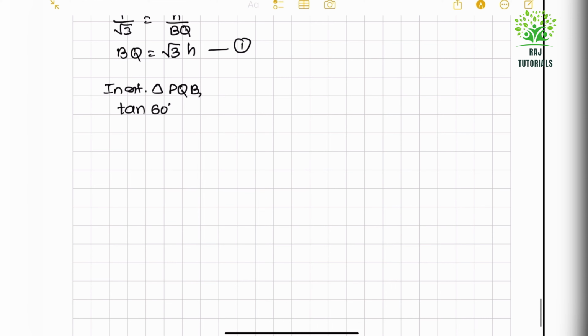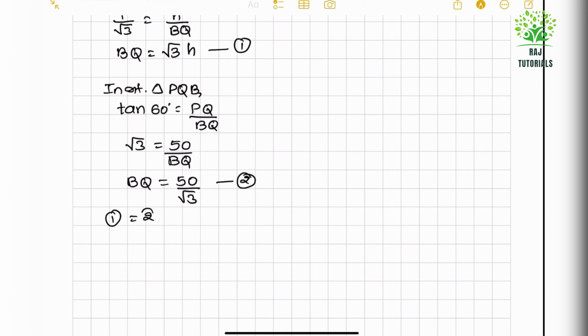Now same way in right triangle PQB, tan 60 equal to PQ upon BQ. So tan 60 is root 3, PQ is 50, BQ we don't know.